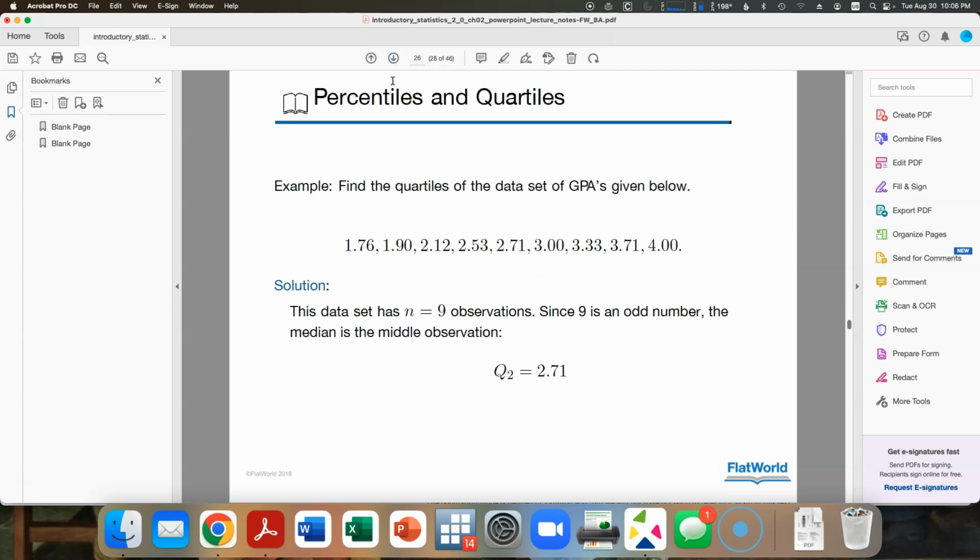And so what we're asked to do is rework this here with some slightly different data.